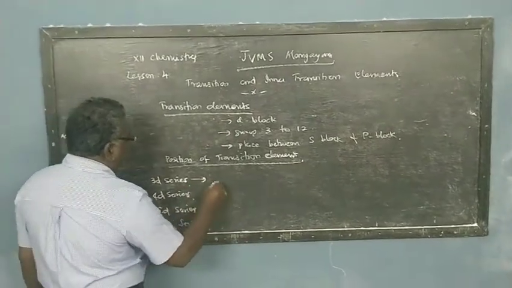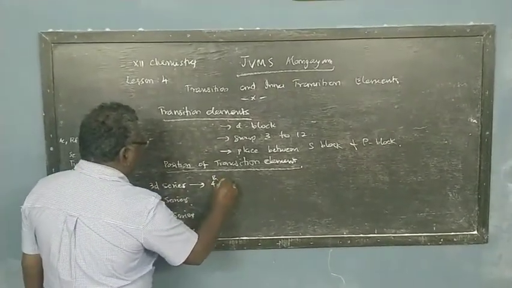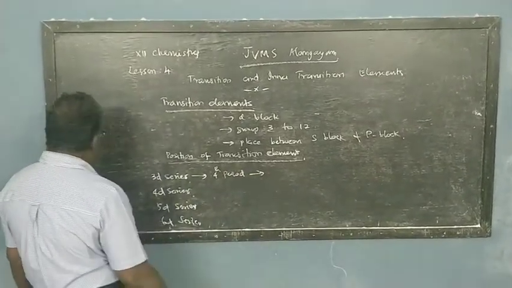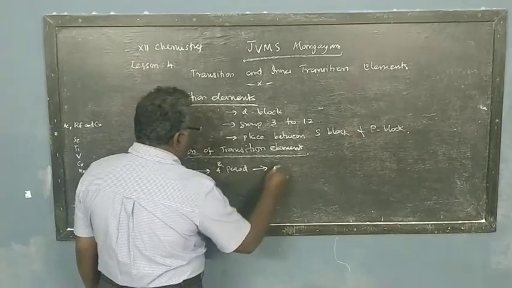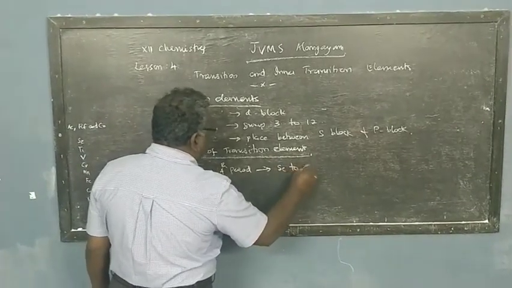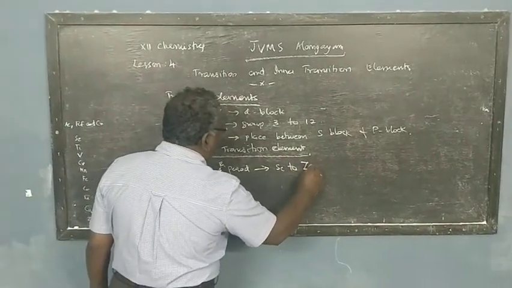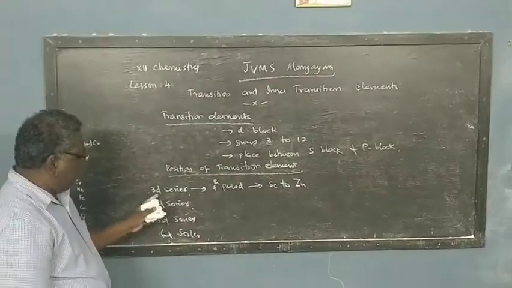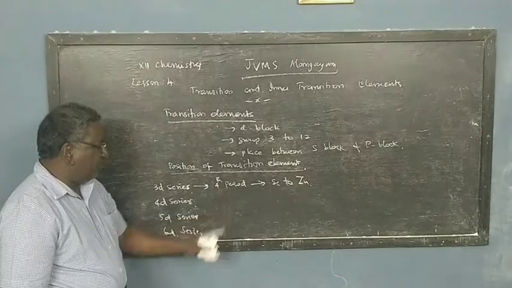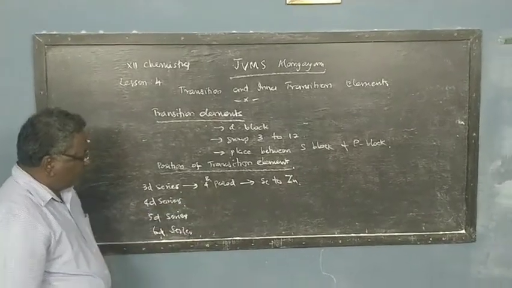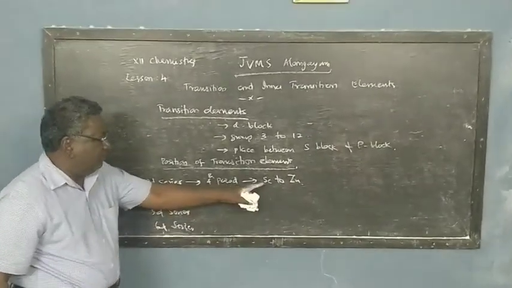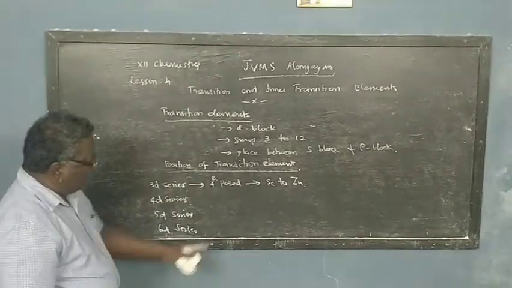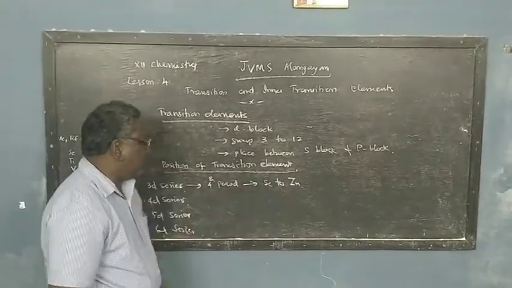The 3D series is present in the fourth period of the periodic table and goes from scandium to zinc. So when I say 3D series, they are present in the fourth period, and the elements are from scandium to zinc.